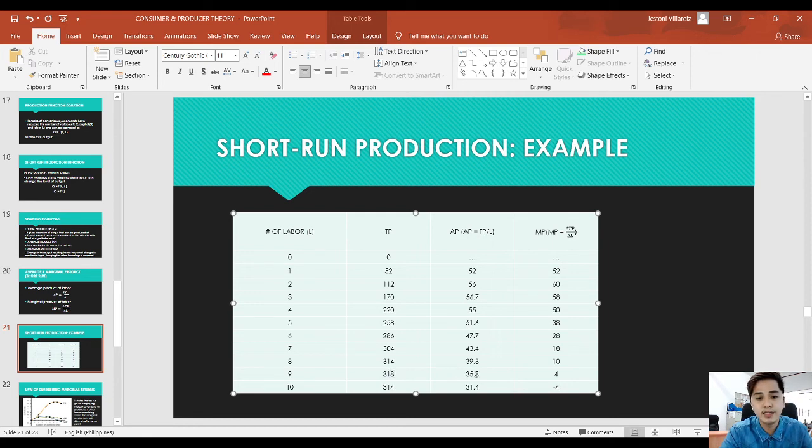However, your average product, if you have noticed, from 3 waiters, decreases from 56.7 to 35.3. And your marginal product, from 60 or 58, went down to 4.